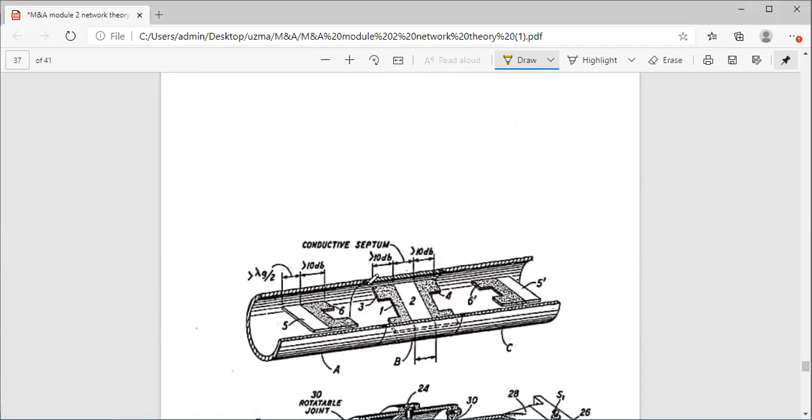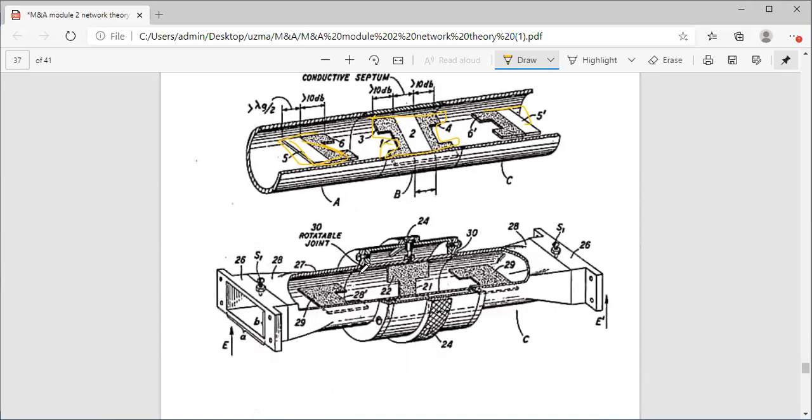How they are kept, you can see. This is your resistive film. This one is kept completely flat at the center. This one is also flat, and this one is tilted at some angle. Similarly here also, the center one is kept completely perpendicular, and here they are placed at some theta angle.